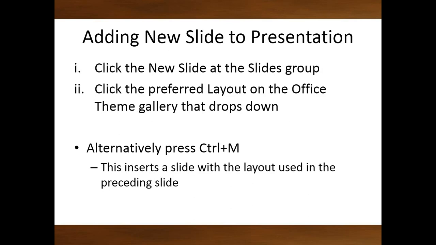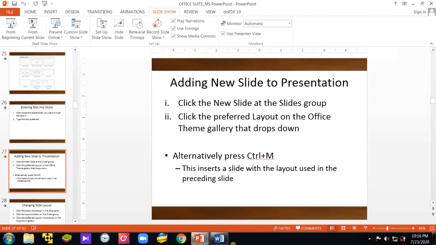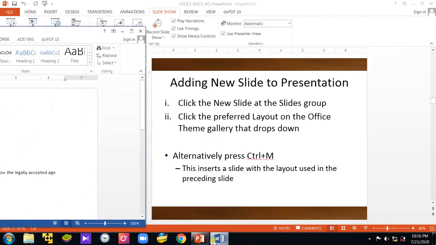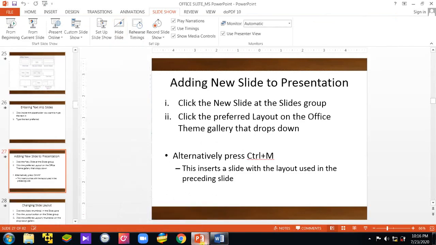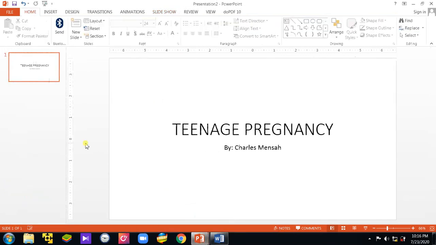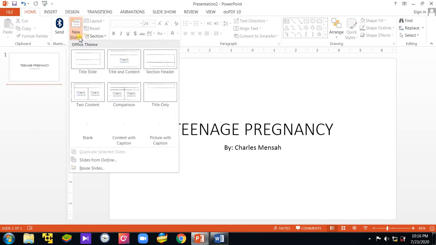So let us add new slides in our presentation. So we are told for the first step to click new slide. Then we have the various layouts here. So I want this one, so I'll click title and content.